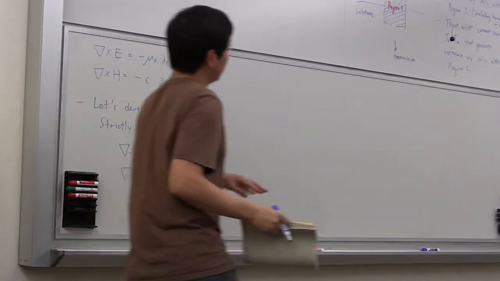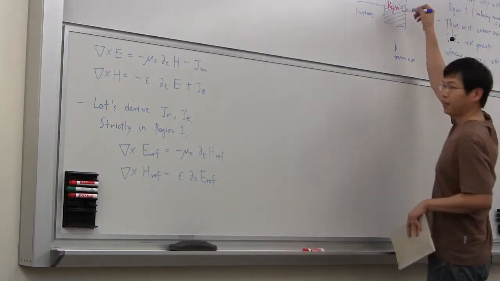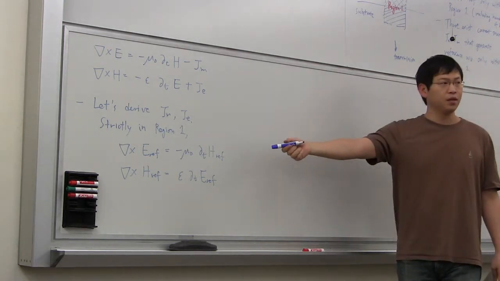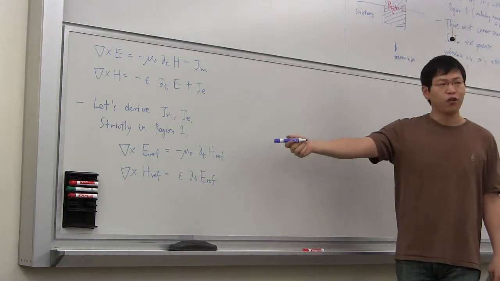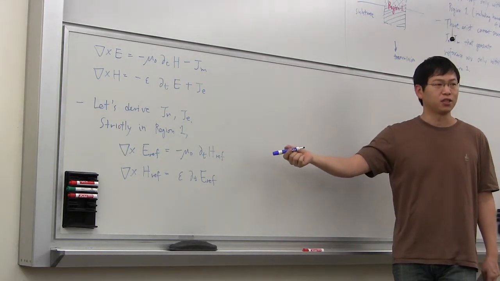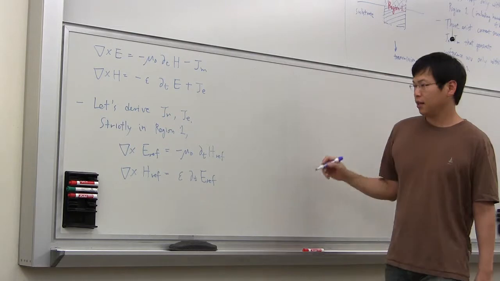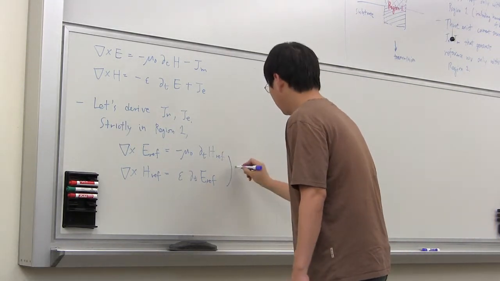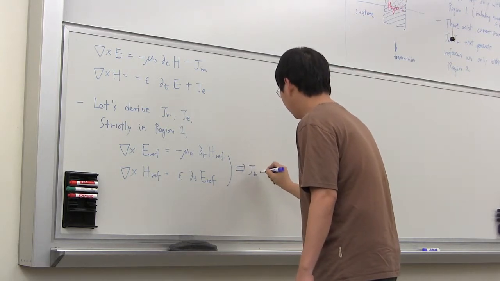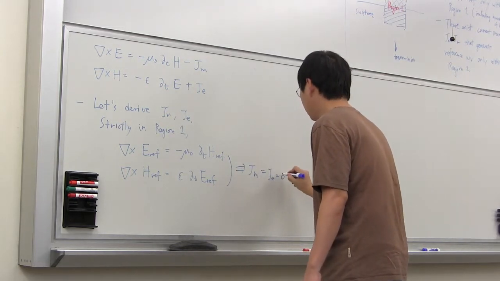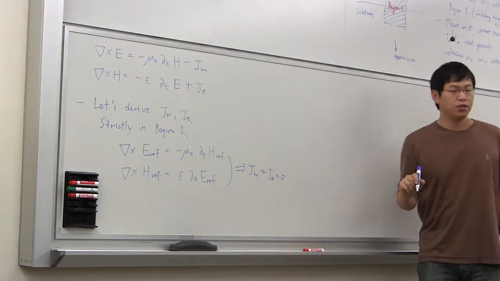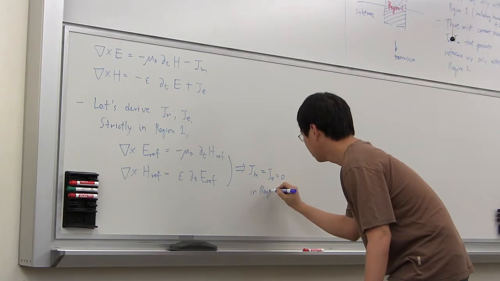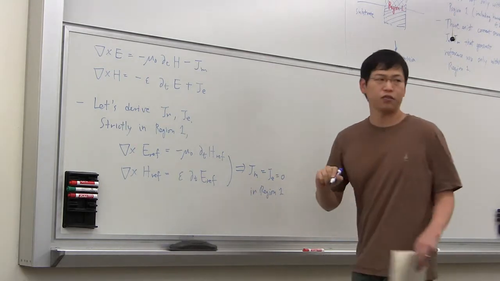Right? Because this wave pattern satisfies Maxwell's equations, right? And this is just Maxwell's equations. So that reference wave should satisfy these Maxwell's equations within that virtual box. So this means J_M and J_E are 0 inside region 1.